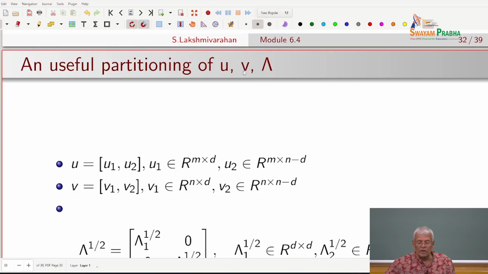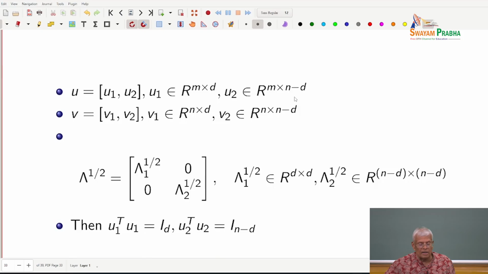Now a useful partition of U, V and lambda, we have already done that. Go back. Instead of calling it K, I am calling it D. D is used in place of K. What is K? K is the number of the largest eigenvalues whose sum is greater than or equal to 1 minus beta times the total sum of the eigenvalues.